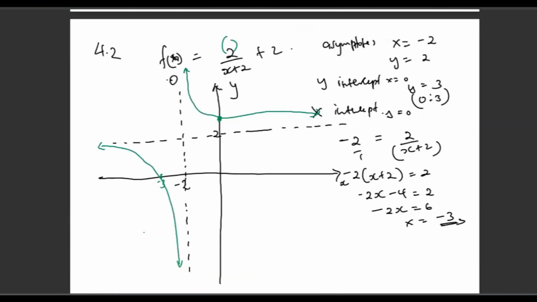We can see that from this point of -3 to the left, the graph is above the x-axis, so it's above the 0 line. And after this asymptote, the graph is also continuously above the x-axis.